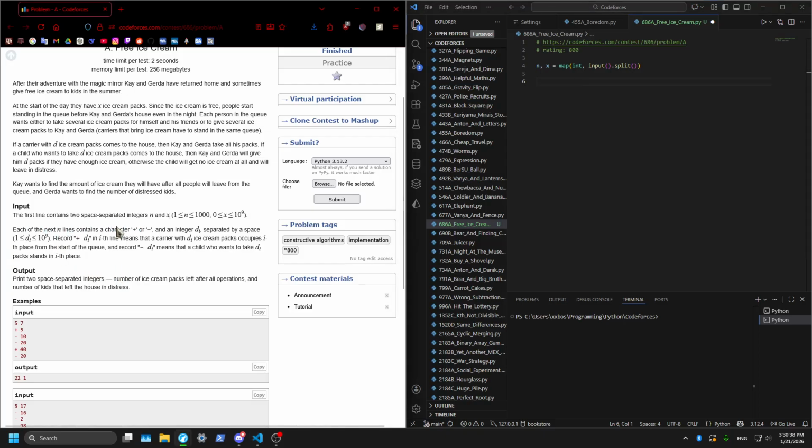Each of the next n lines contains a character plus or minus separated by d. Okay. Plus means we add. What is x?